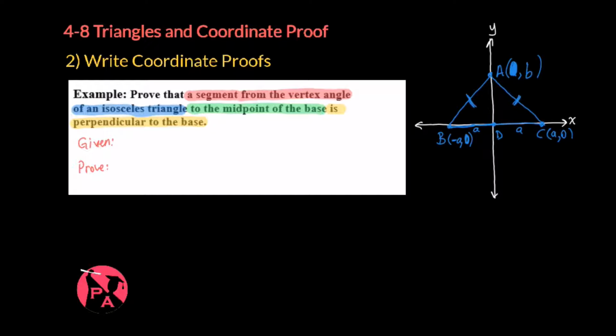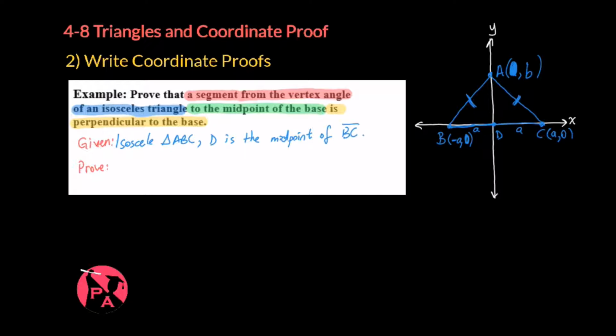But first, let's make sure that we have all the given statements here. Right now, I know that I have an isosceles triangle labeled A, B, and C. And also, I know that point D is the midpoint of BC.